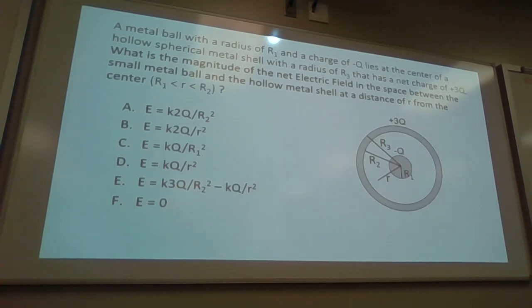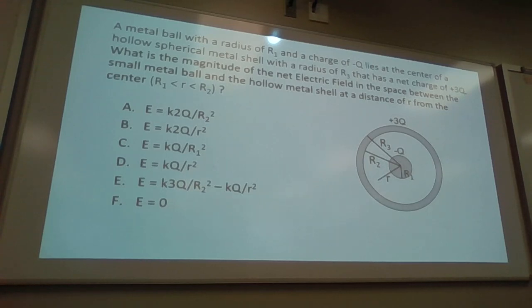I drew a circle inside the metal, a Gaussian surface, and said it's in a conductor, so the net electric field is zero. D for Gaussian surface, that seems right, probably.